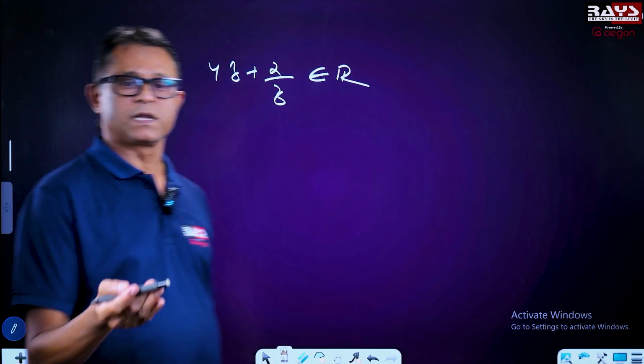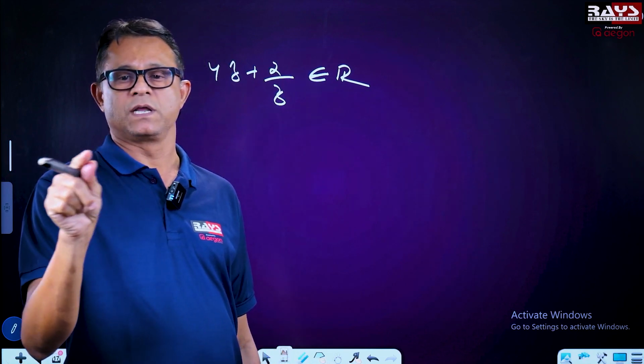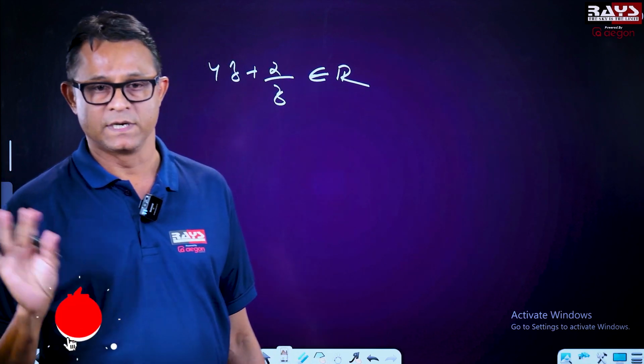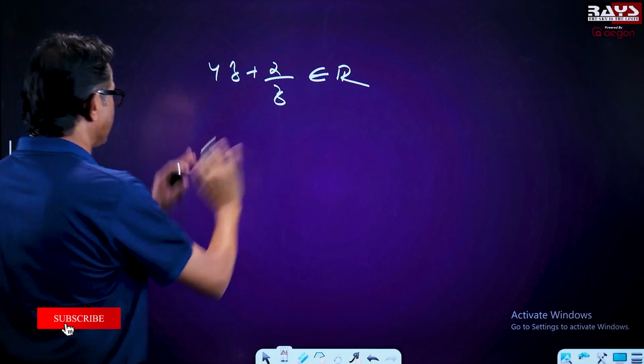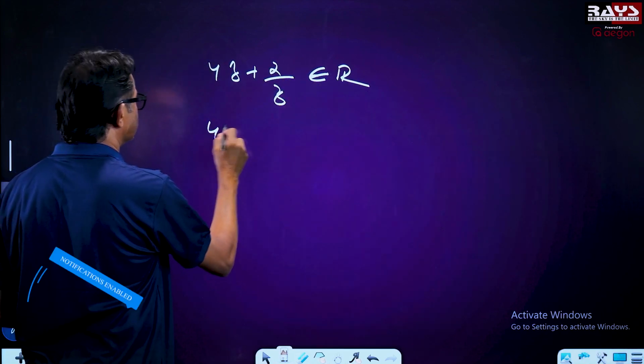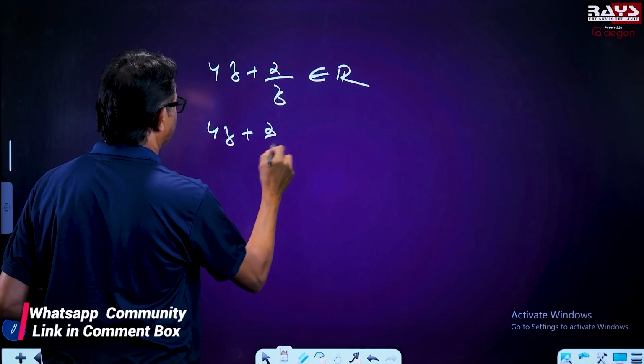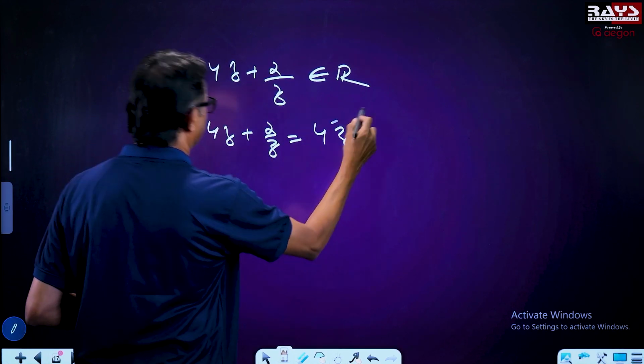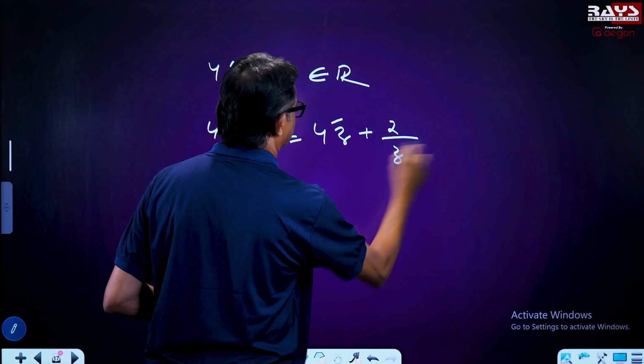So when you consider a real number, suppose z is a real number, then z equal to z bar. Z is equal to its conjugate. So purely real means this complex number will be equal to its conjugate. So 4z plus 2 by z is equal to 4z bar plus 2 by z bar.